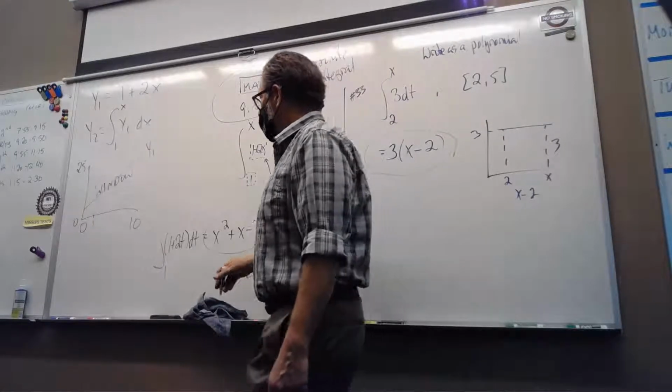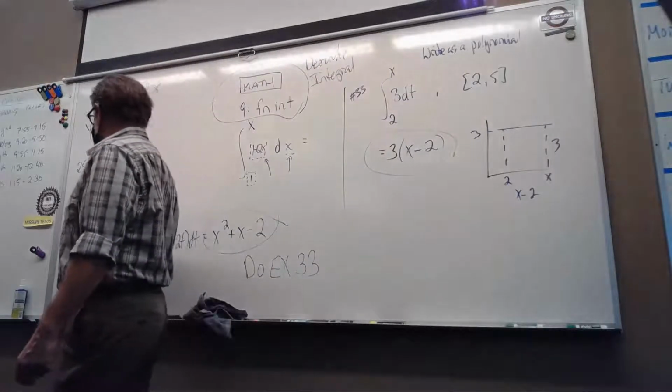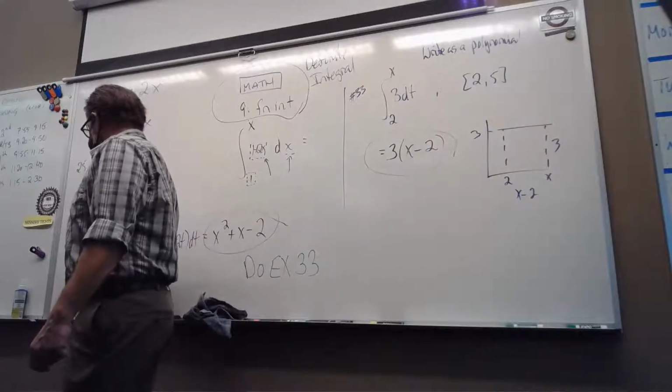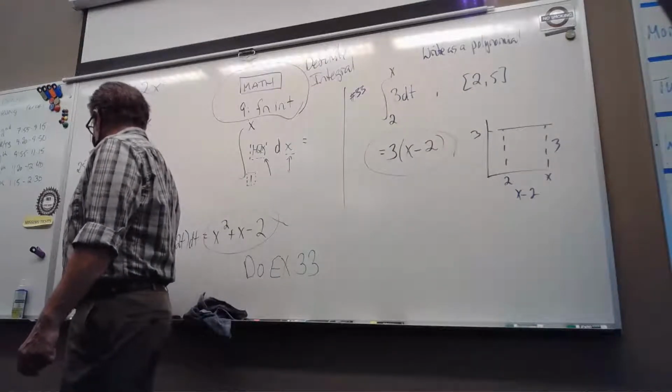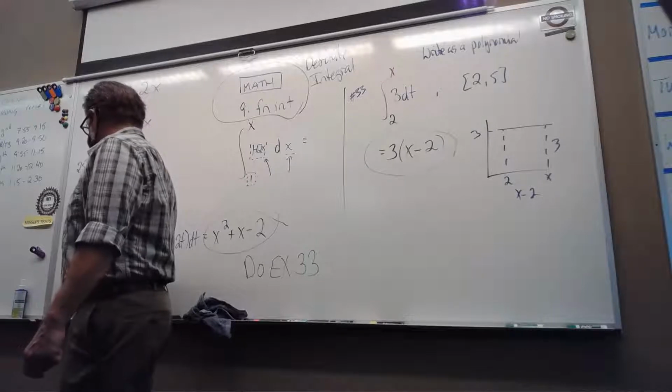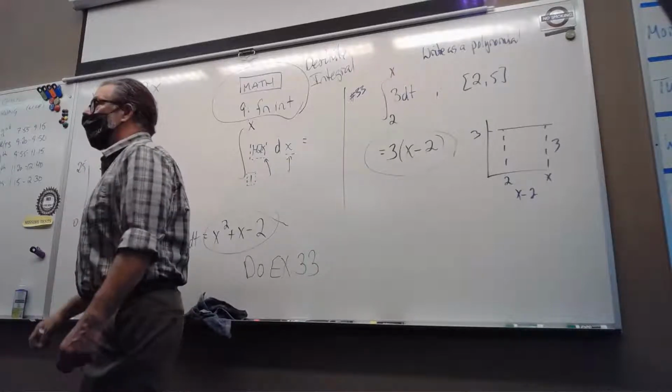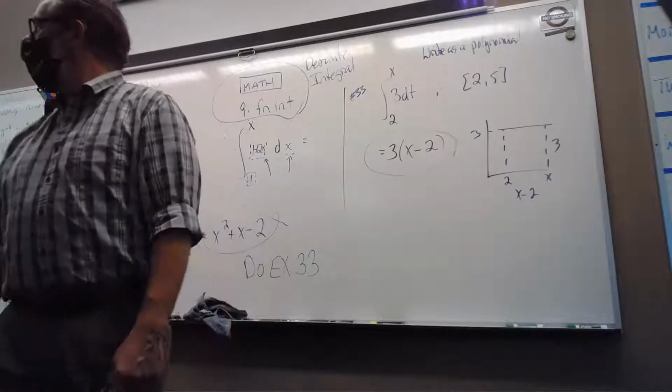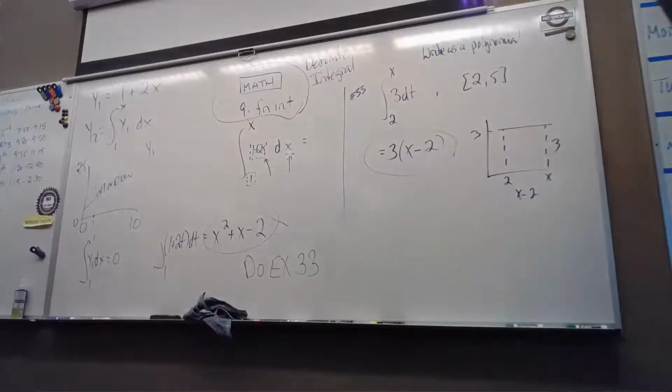Does it make sense that the integral from 1 to 1 would be 0? How many rectangles do we have between 1 and 1? We don't have any rectangles.